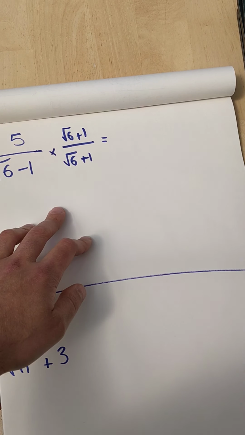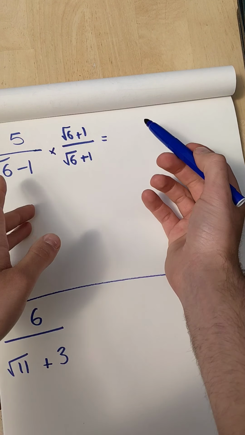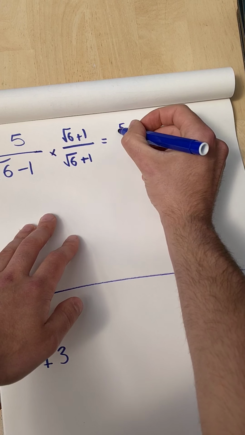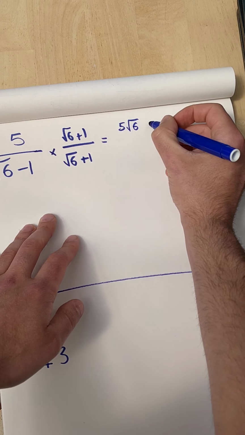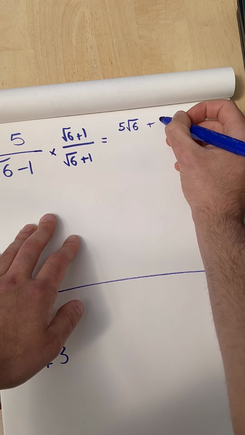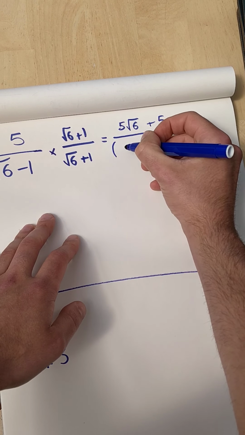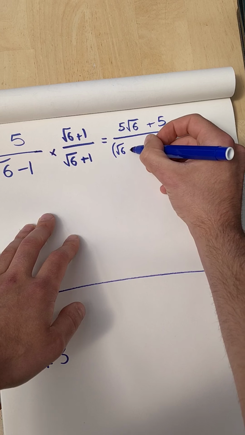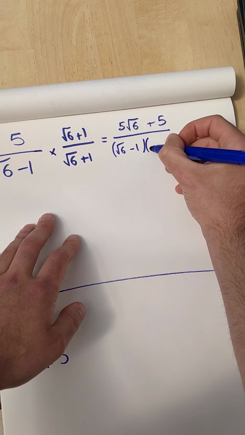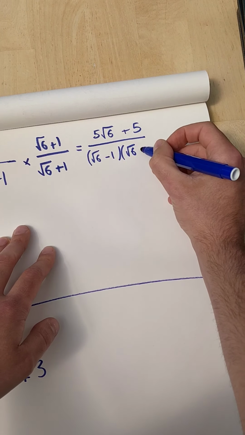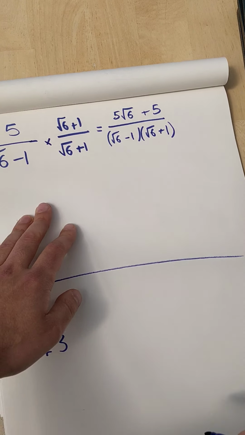Now if you multiply that at the top, we get 5 root 6 plus 5, and the bottom we get root 6 minus 1, root 6 plus 1.